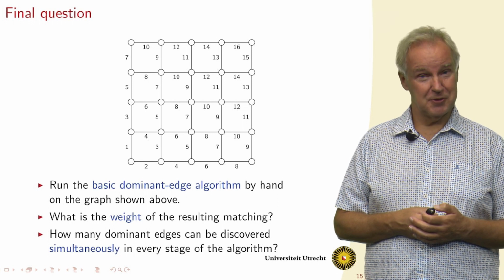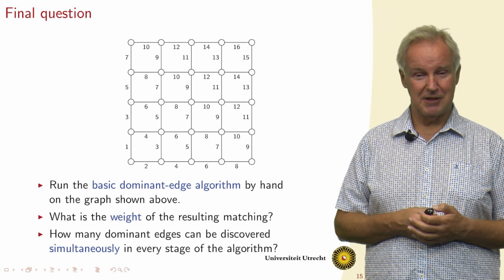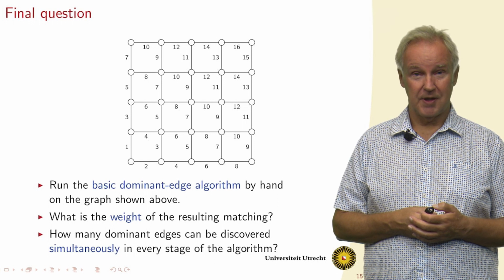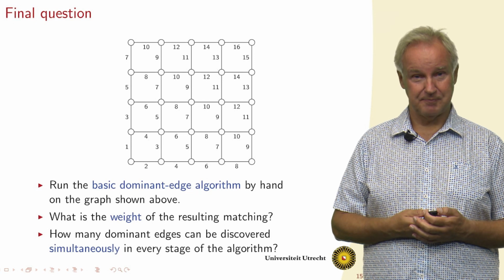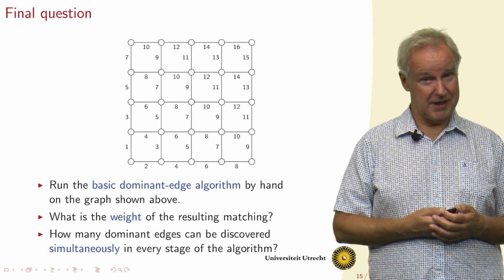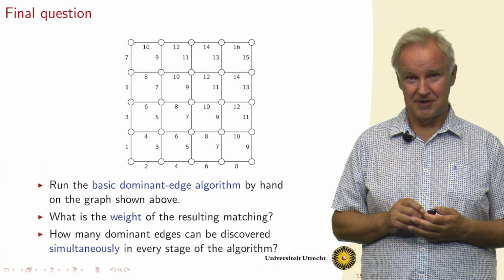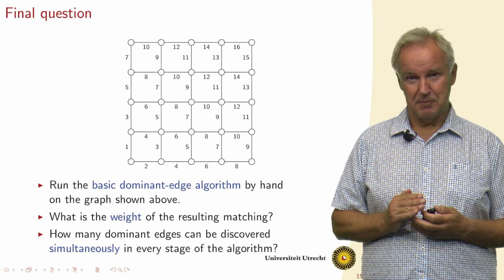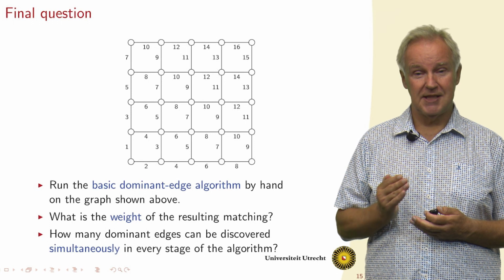And now the question to you is to carry out by hand the dominant edge algorithm. What's the weight of the resulting matching? And a question relevant to the parallelism: when you looked for dominant edges, how many in a particular situation could you discover at the same time in each stage?